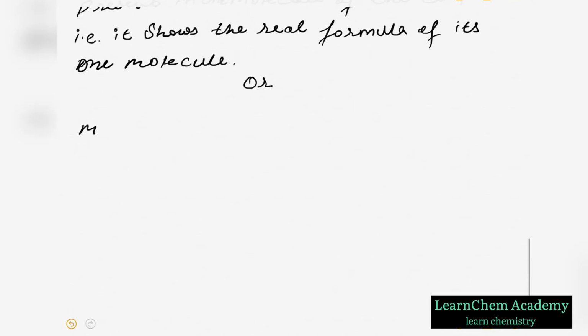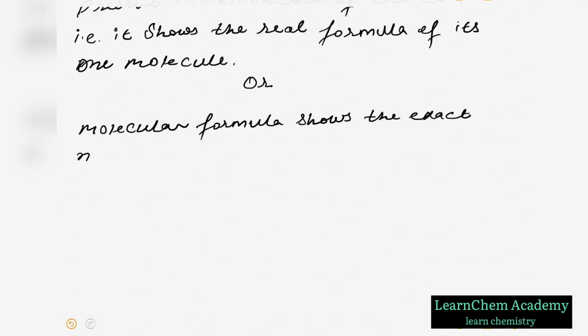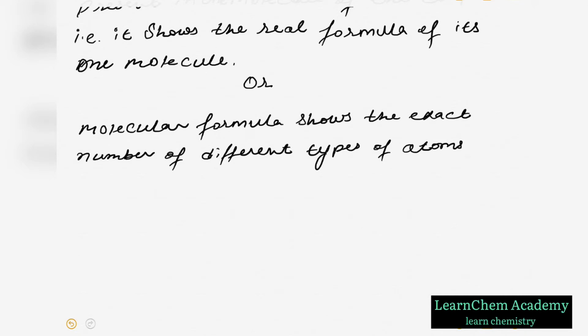So we can write: molecular formula shows the exact number of different types of atoms present in a molecule of a compound.